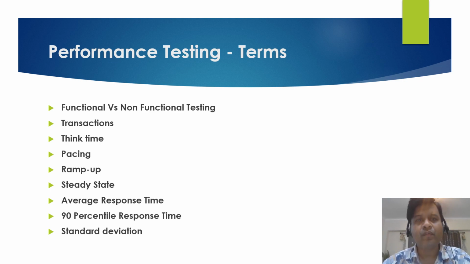I hope some of you who are working in functional or automation domain may be knowing what is functional testing, and you might have some basic idea about even non-functional or performance testing. So let us try to understand it. When we do functional testing, our main focus would be on the outcome, how the results would be.